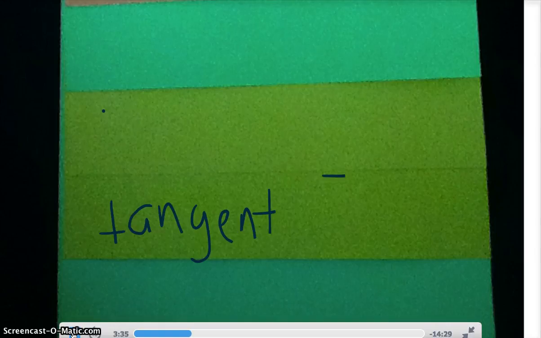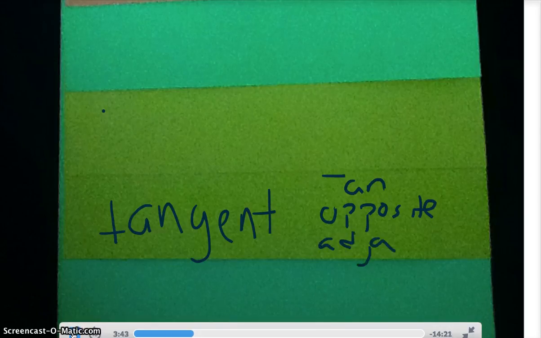The third one is tangent, which stands for tan, opposite over adjacent. Just make sure you have your notes written down. We're going to go over this a lot, with some practice problems in class.